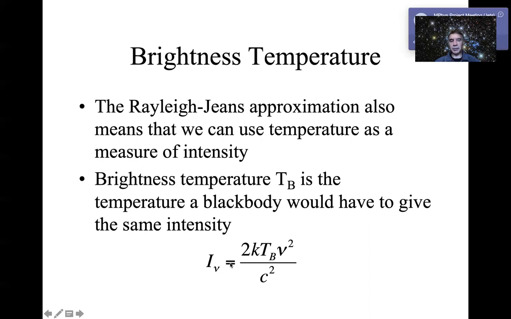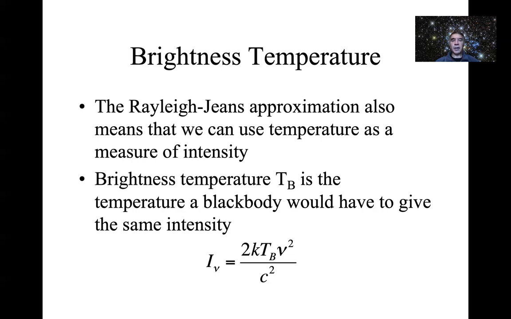So we're cutting out all of those things in the middle to just say that the intensity is proportional to this brightness temperature, or another way, we can use this concept of brightness temperature as a measure of intensity.